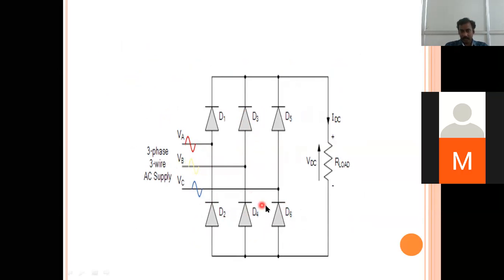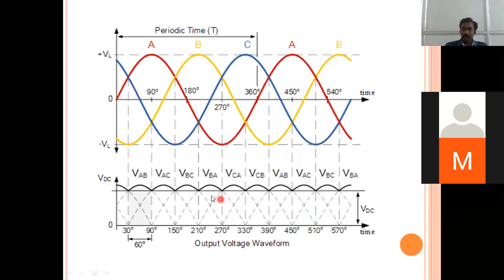So for certain time you will have the conduction for this D6, so VB minus VC, VBC, and the other is going to be VB minus VA, that is VBA. Similarly for the third phase. So 60 degrees is going to be shared by one negative conducting device, and 60 degrees is going to be shared by the other conducting device.